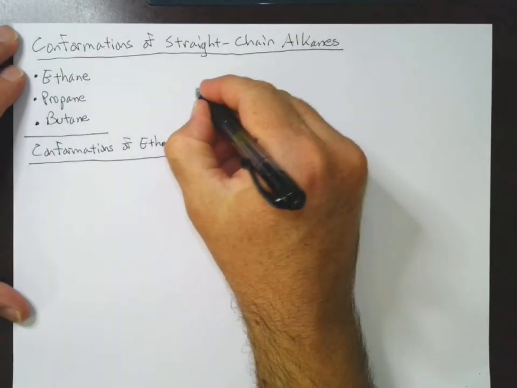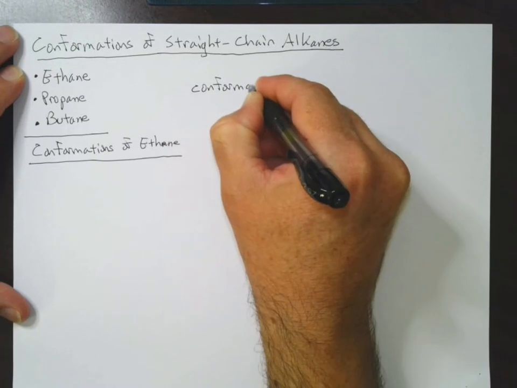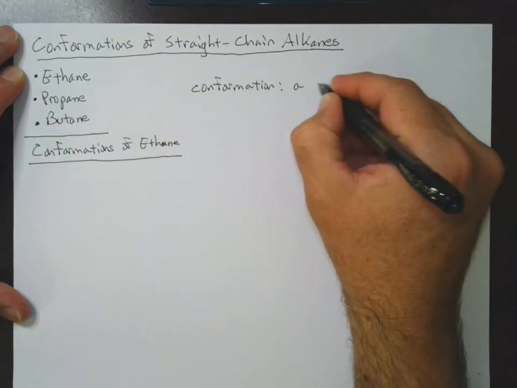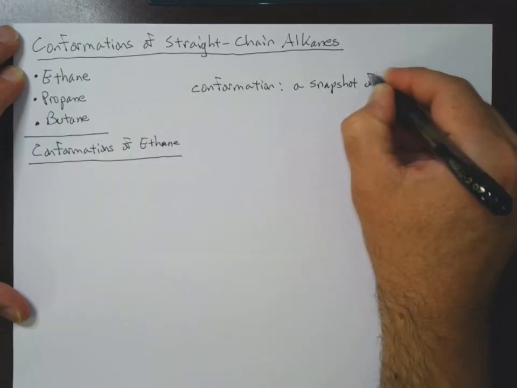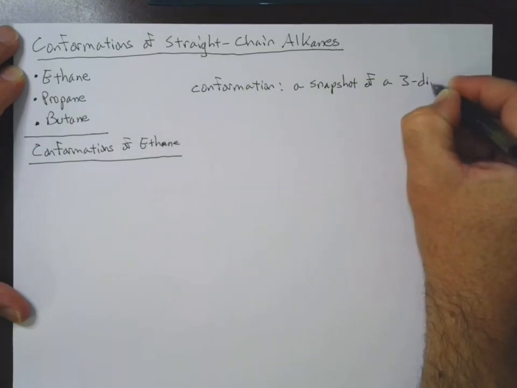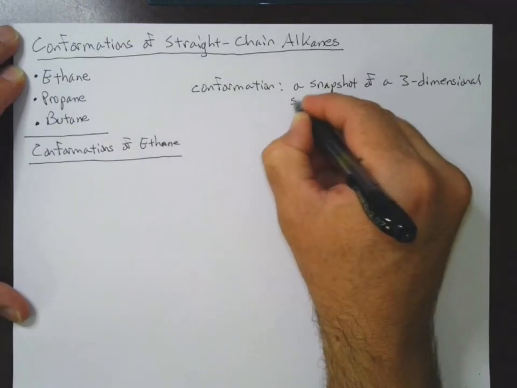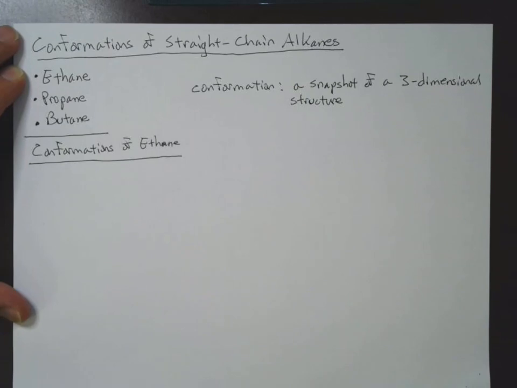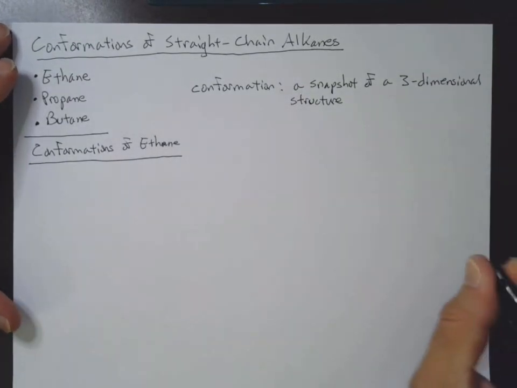Before I do that, let me just give a definition. A conformation is simply a snapshot of a three-dimensional structure.